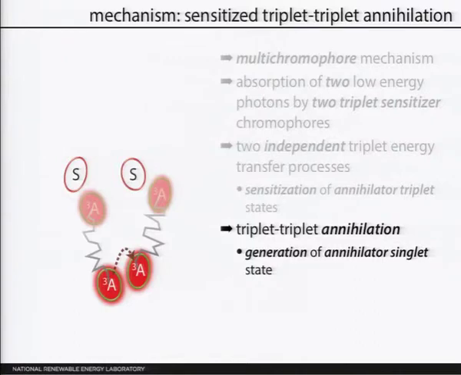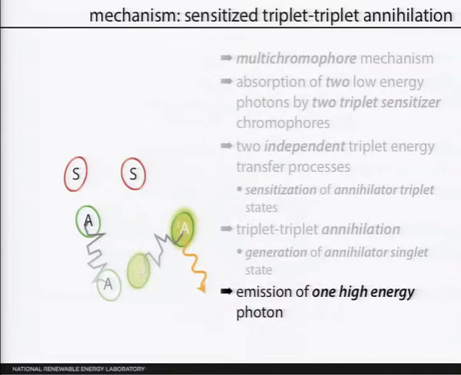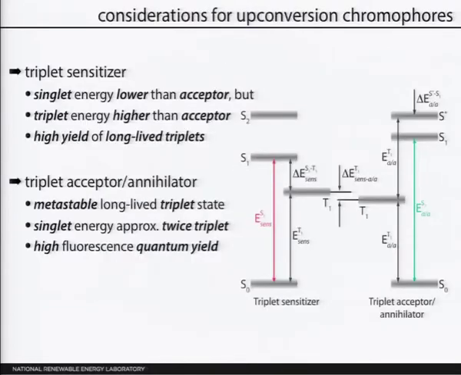If we get two of these metastable, long-lived triplet acceptors coming together, then they can undergo triplet-triplet annihilation to generate a single high-energy excited singlet state, and that can give rise to the emission of one high-energy photon. So we have two low-energy photons in, one high-energy photon out.